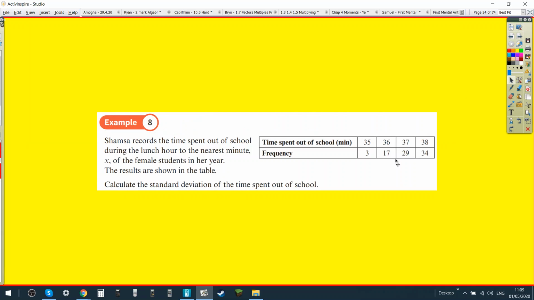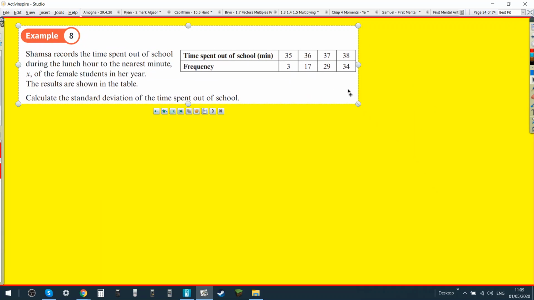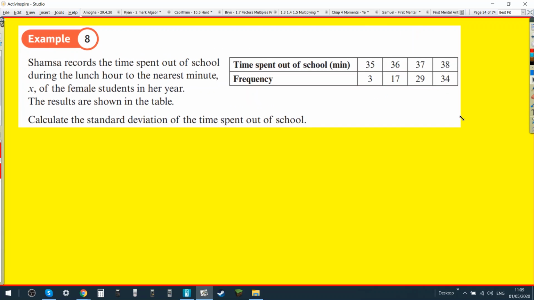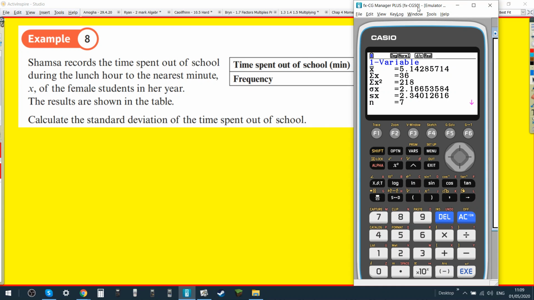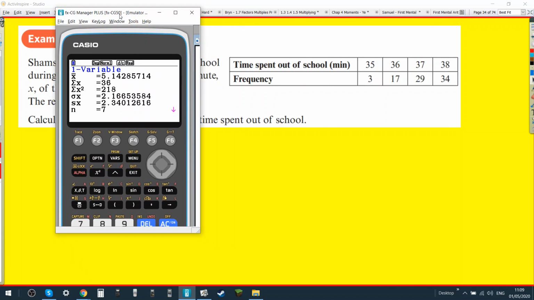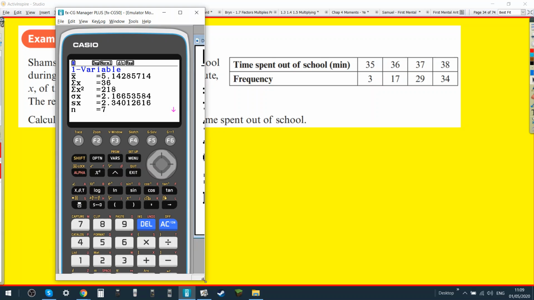Let's try this just on the calculator. This time you have a frequency. And actually, hang on, let me help you. In your one, if you go back to the table, do you see set on F6?